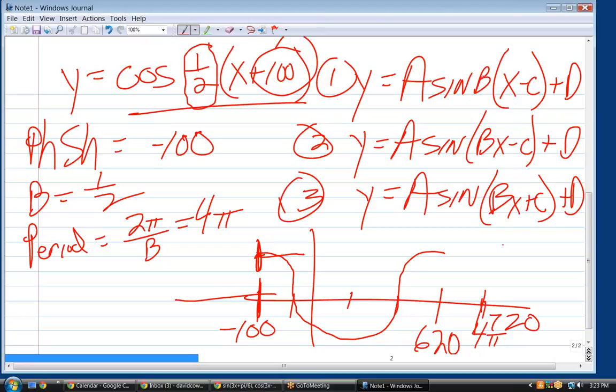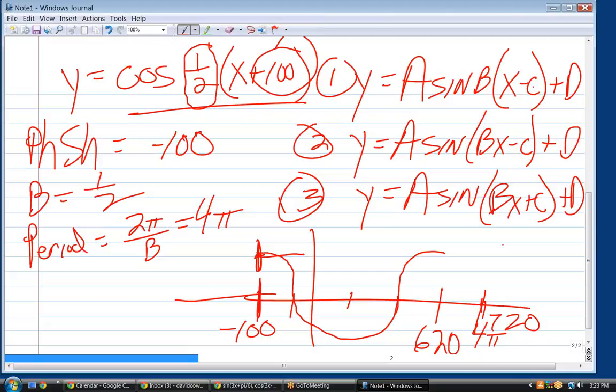B, some B other than 1, either horizontally stretches or horizontally shrinks it. C is just like a polynomial. It's a horizontal shift. It's either left or right. In other words, that's the same as x minus h if you're dealing with a polynomial function. And D is a vertical shift.